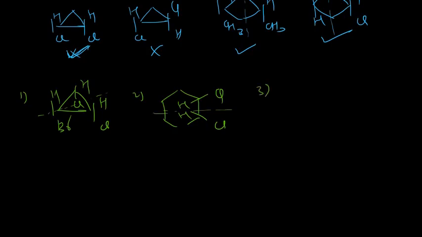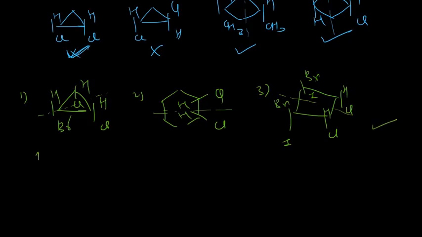Third, we have bromine, iodine, hydrogen chlorine, hydrogen chlorine, then bromine and iodine. There is a plane passing through this line, we have already drawn.